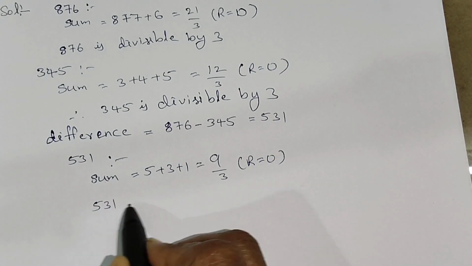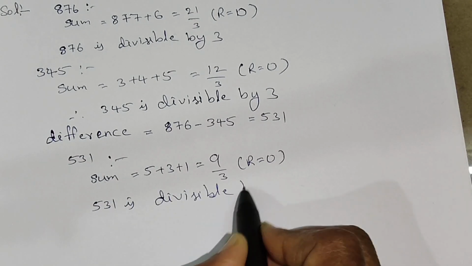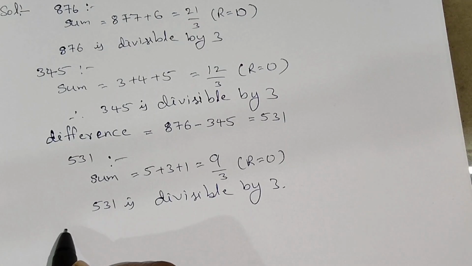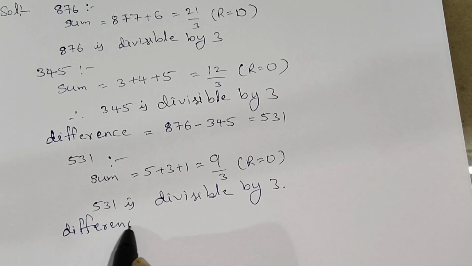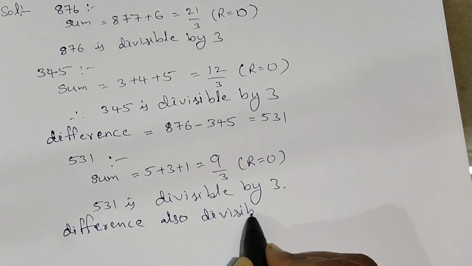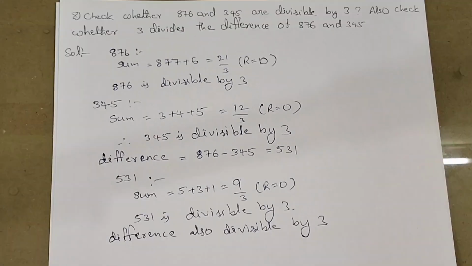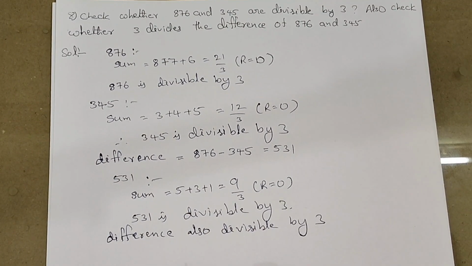So 531 is divisible by 3. So the difference is also divisible by 3. This is the complete solution of the 8th one.